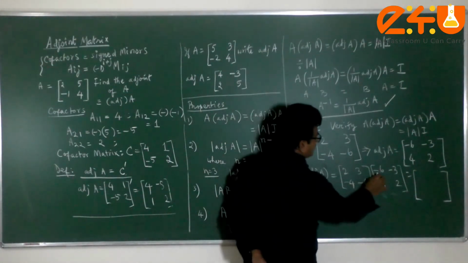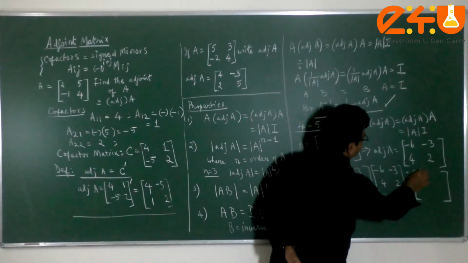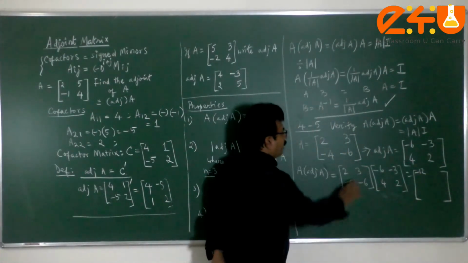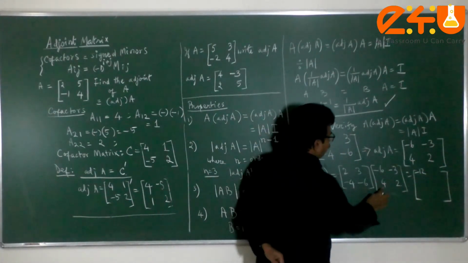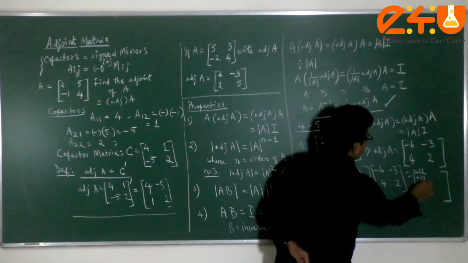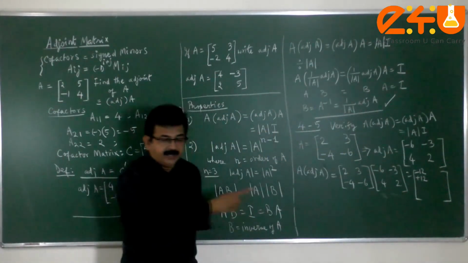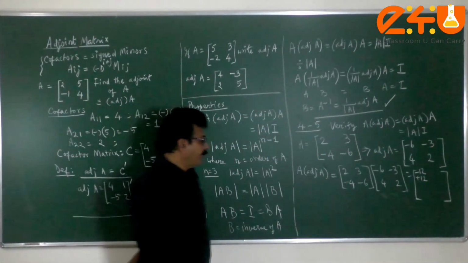So 2 times of -6, -12, plus 3 into 4 plus 12. I am writing there one below the other.